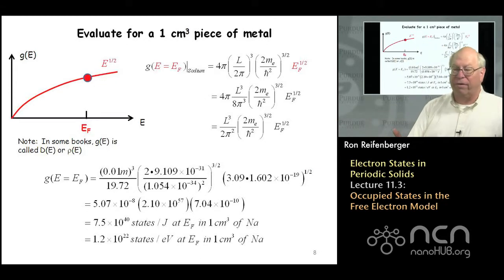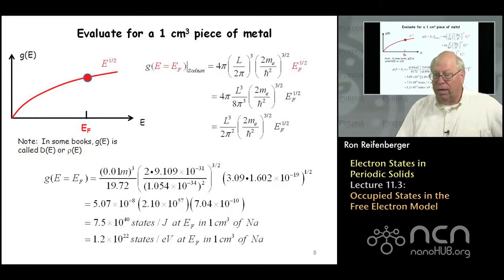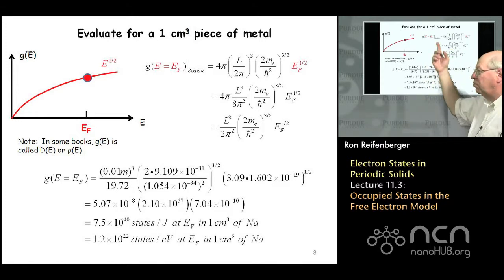We should probably evaluate G of E at the Fermi energy for a 1 cubic centimeter piece of sodium. So that's what I worked through in this equation, right? I pick E sub F for sodium metal, and I'm going to just evaluate this expression for the density of states.